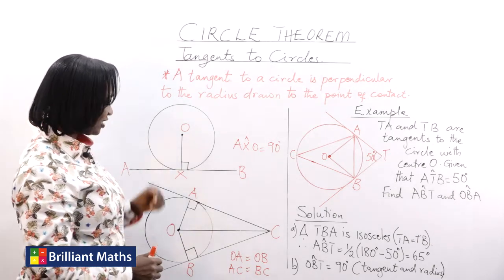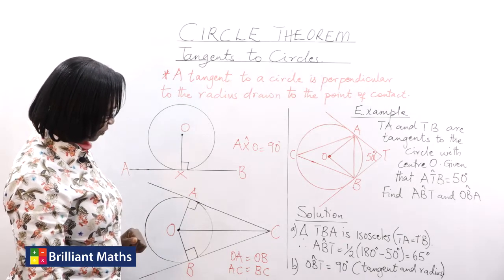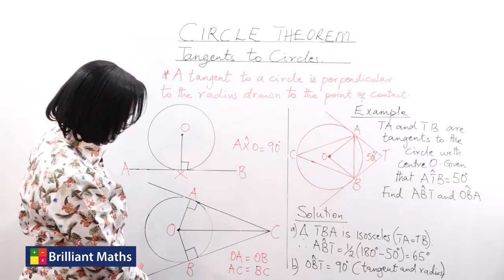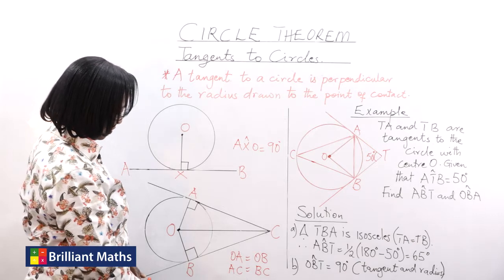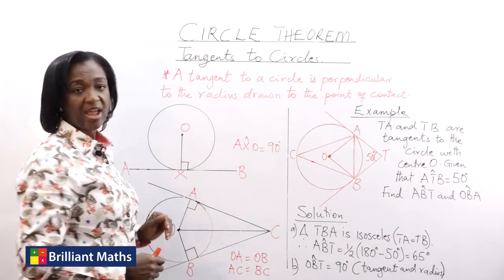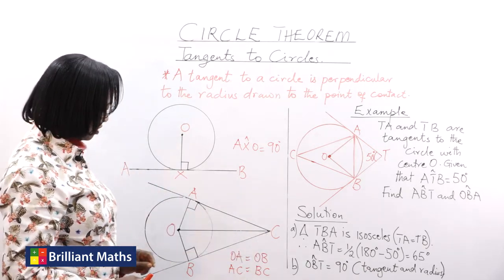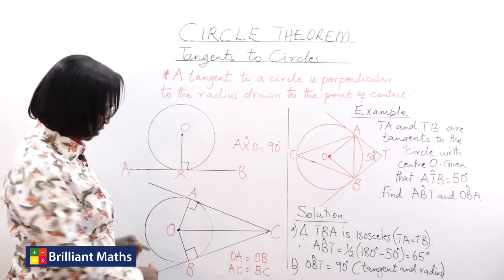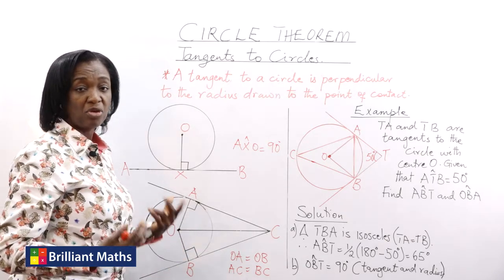So knowing that, we have a circle with center O, and we have two tangents drawn. The first tangent is BC, and then we have another tangent, AC, and the two tangents meet at C. Looking at this diagram, we know that OA and OB are radii of the circle, so they are equal.